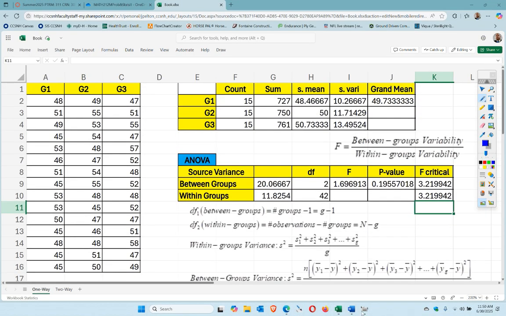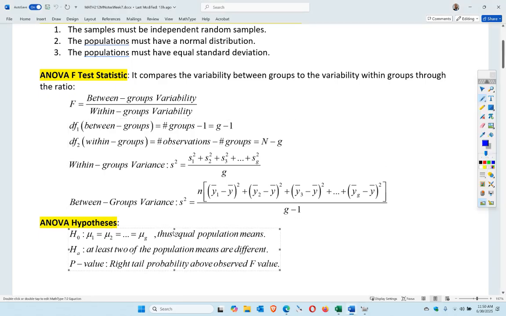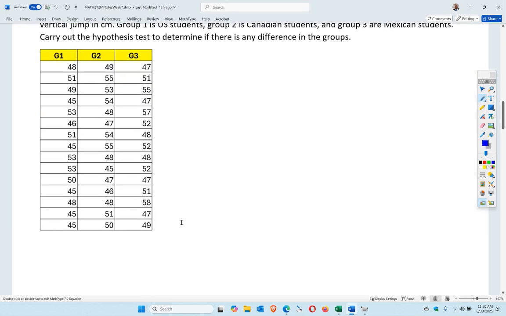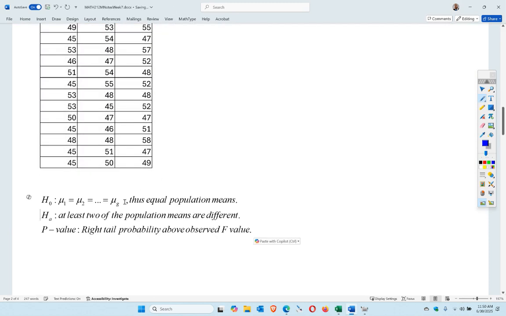So if you did your hypotheses, we'll copy this here. I'm not going to write these out formally.